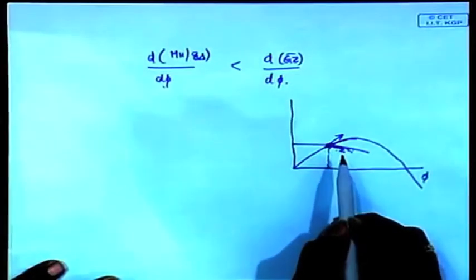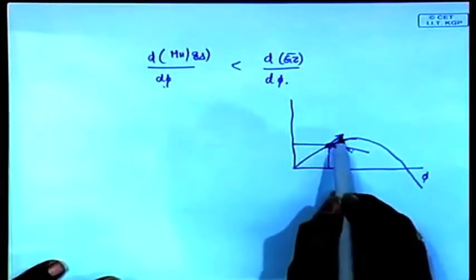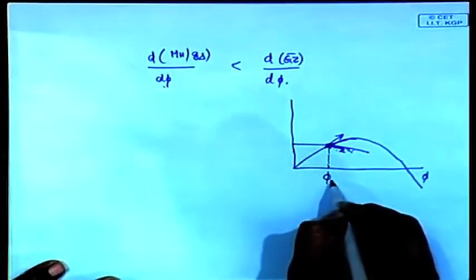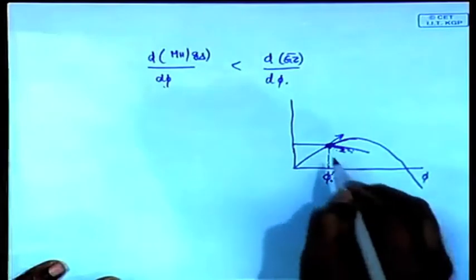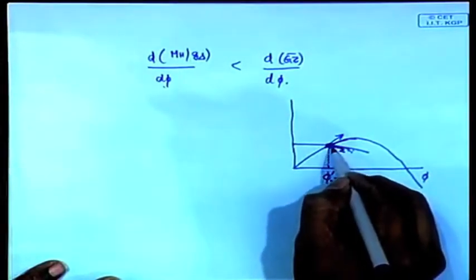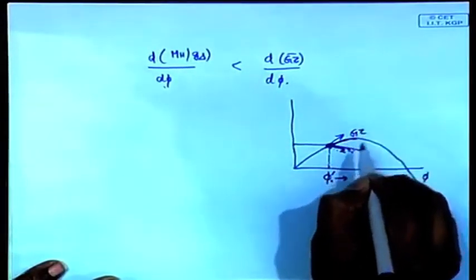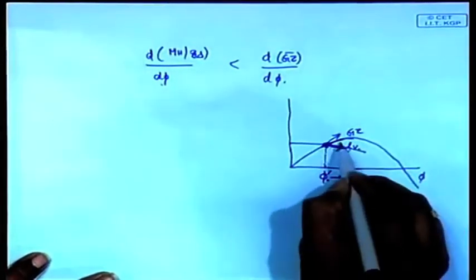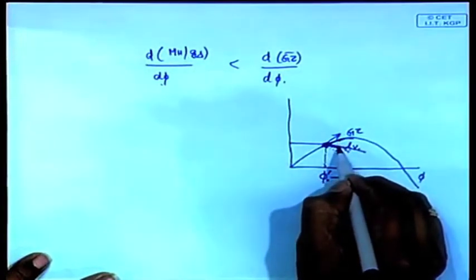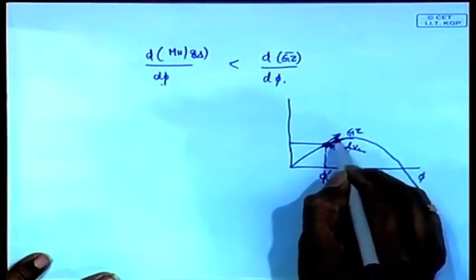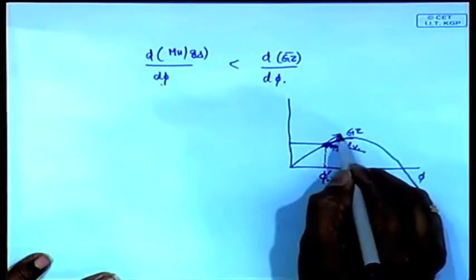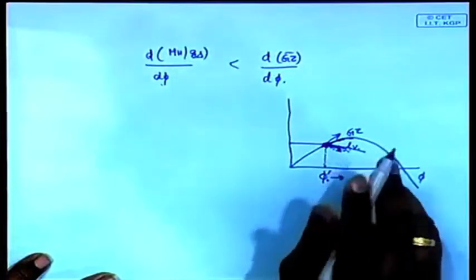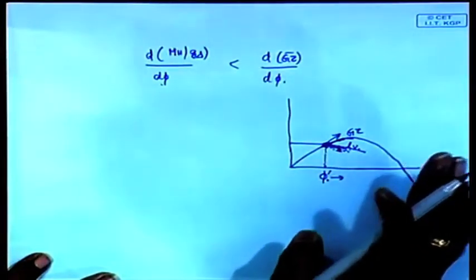Again, if the slope of this curve is less than the slope of this curve, when you cross this value of phi, let us call it phi dash, you will have a higher gz, or the righting moment will be greater than the heeling moment. If this is going down and this is going up, this value will be higher than this value the moment you cross phi dash. Therefore, your heeling moment will become less than your righting moment.